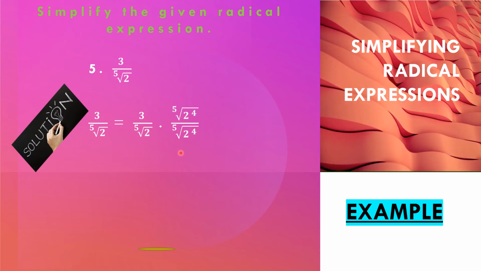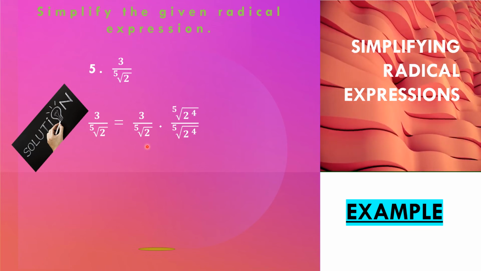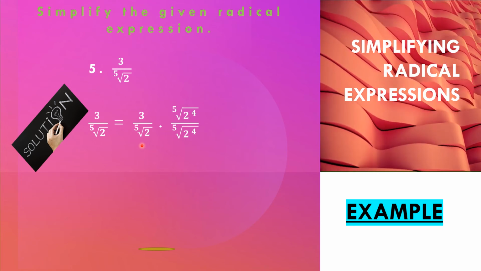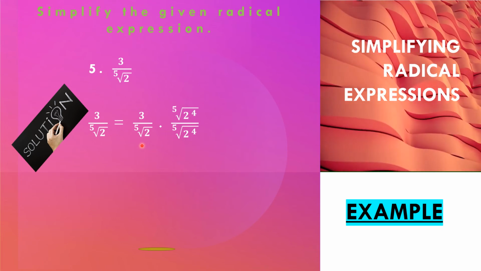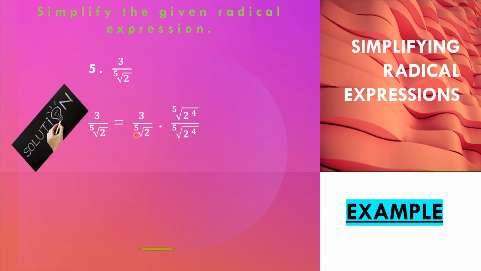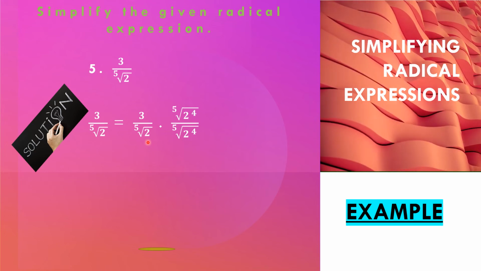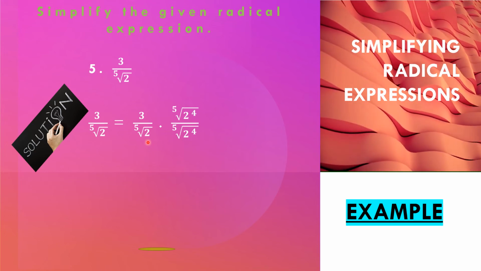Bakit po 5th root of 2 raised to 4 po? Hindi ko po siya minultiply sa 5th root of 2. Una po, tulad nga ng sabi ko kanina, since ang index natin ay 5, kailangan yung power nito ay maging 5 din para matanggal natin yung radical sign.